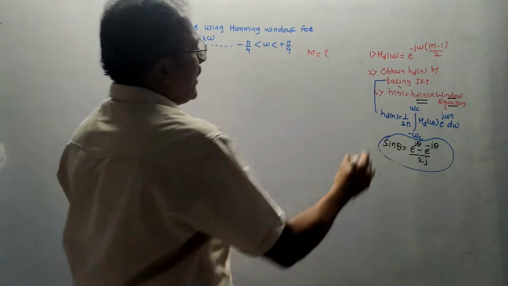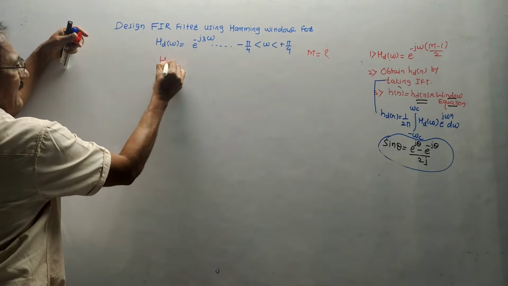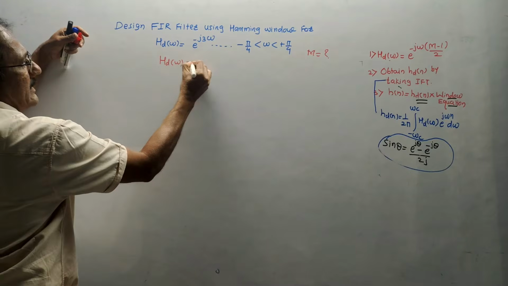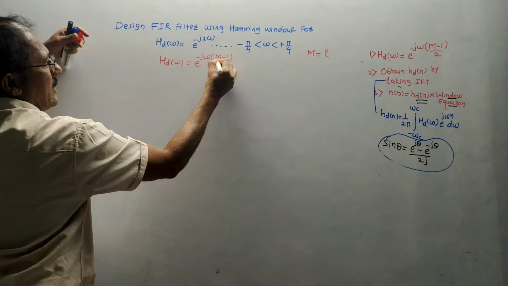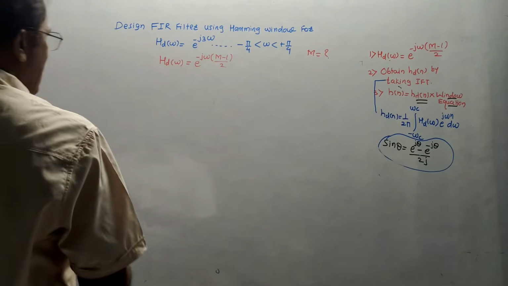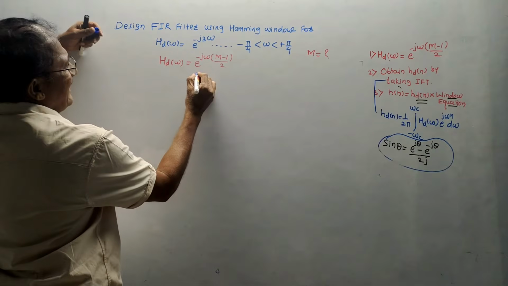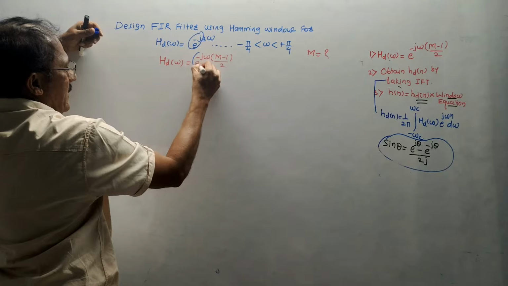How to do it? We have this standard formula. So below this I will write the standard formula. HD of omega is e raised to minus j omega (M minus 1) upon 2. Compare this formula with the given equation. This e raised to minus j is common in all the terms.